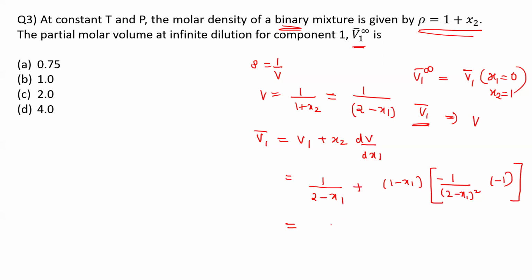So this gives us 1 by 2 minus x1 plus (1 minus x1) by (2 minus x1) whole square. And at infinite dilution, x1 is 0, therefore 1 by 2 plus 1 by 2 square equals 3 by 4.